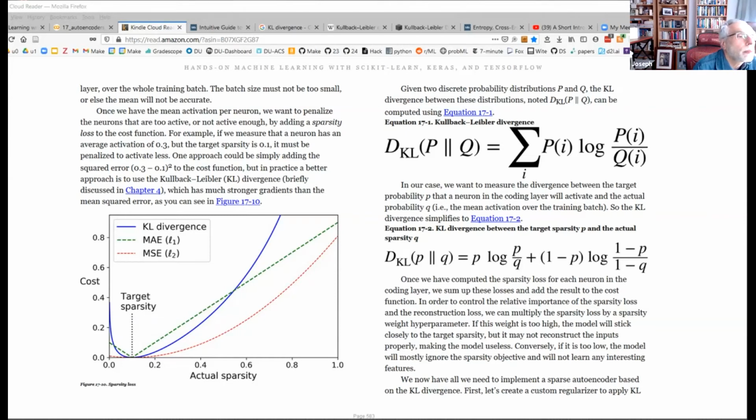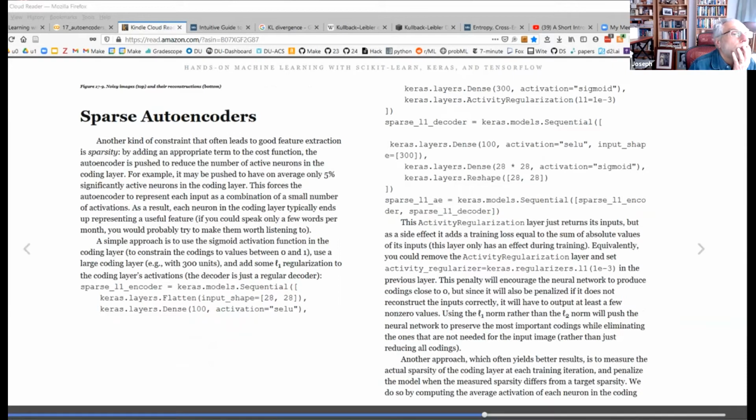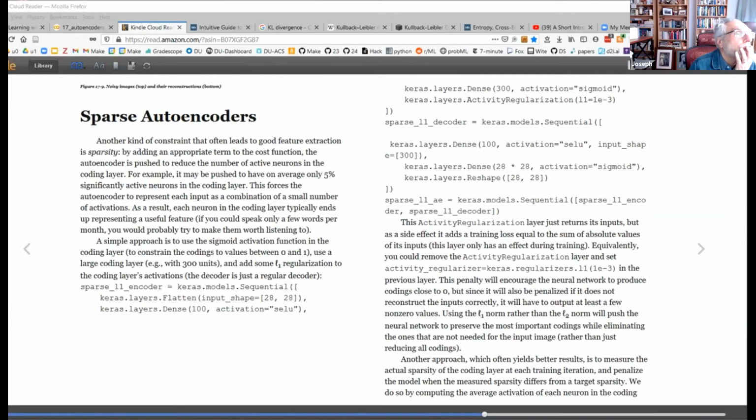Can somebody put their finger on where he defines sparsity? I thought I came across his definition of sparsity somewhere. Maybe it's earlier in the text. Maybe if I do a search.